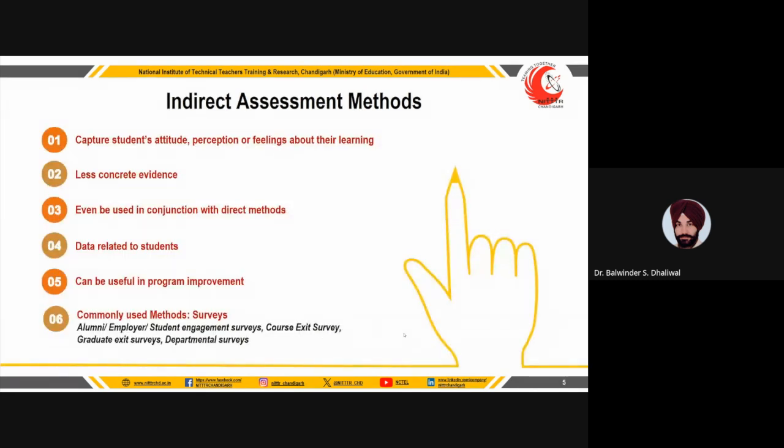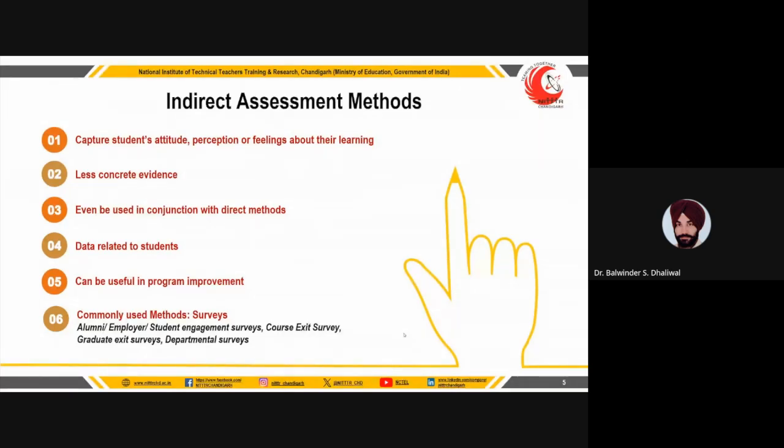In the indirect assessment methods, we have mainly surveys or other kinds of activities like curricular, co-curricular and extracurricular activities. Indirect assessment tools capture students' attitude, perception, or feeling about their learning.